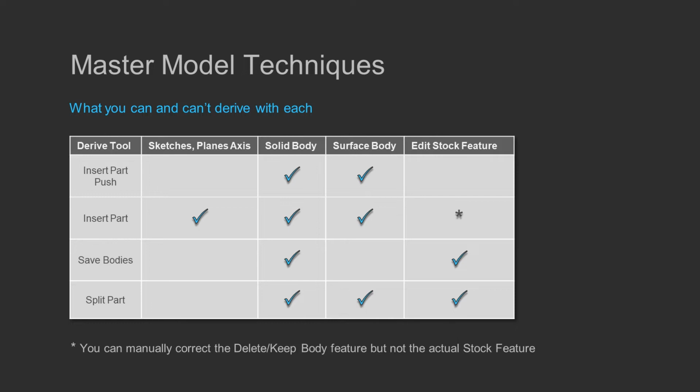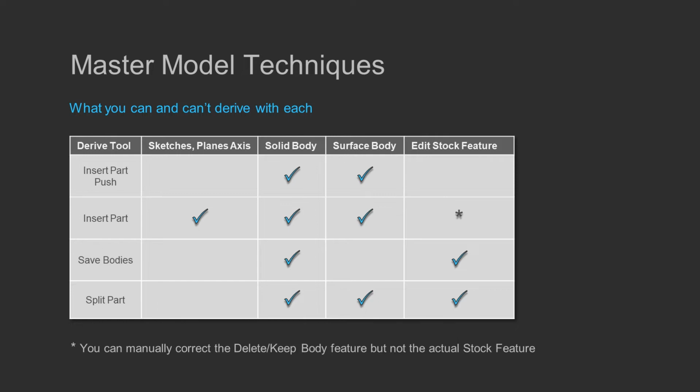The second is like it, but you can insert the entire base part into a new part and then use the delete keep body feature to remove anything that's not relevant to that particular derived part.